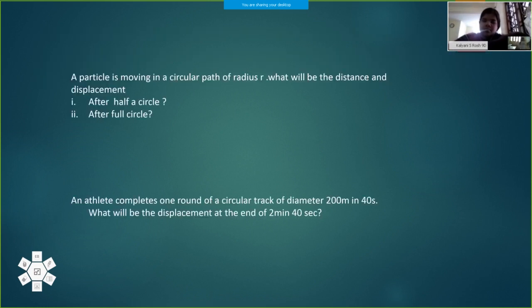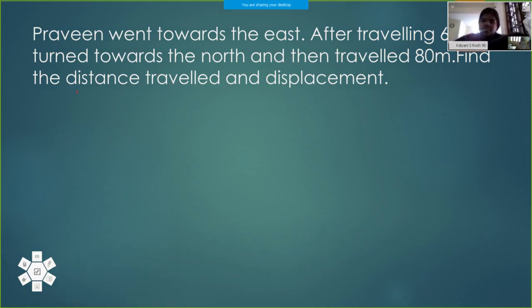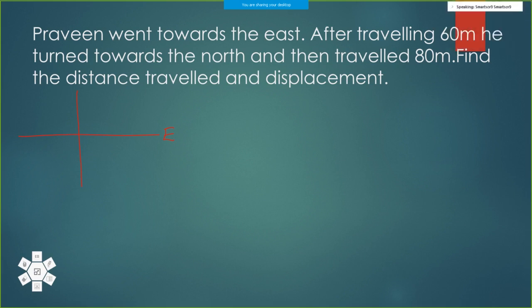So here I am going to draw the direction. So here east, west, north and south. Praveen went towards the east. So Praveen's starting point, the origin, is here, and he went towards the east, traveling 60 meter.